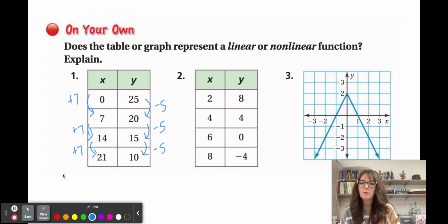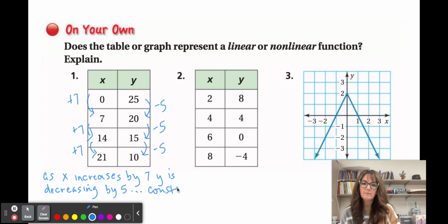So as x increases by 7, y is decreasing by 5. Therefore, constant rate of change, and it is linear.